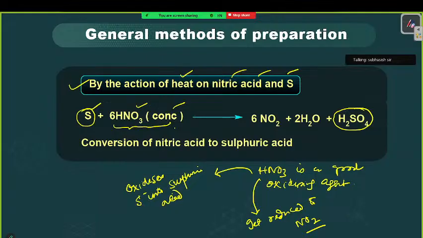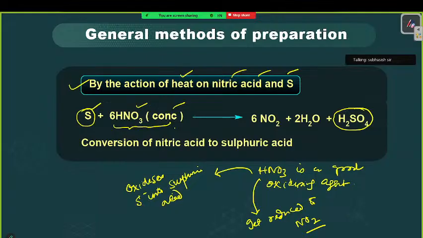In a redox reaction, you have to know which one is the oxidizing agent and which one is the reducing agent, and how the oxidizing agent or reducing agent itself gets reduced or oxidized into other forms which are formed as the products. So do not read reactions just by memorization. Read reactions on the basis of which one is the oxidizing agent, which one is the reducing agent, and how they convert themselves into the different products.